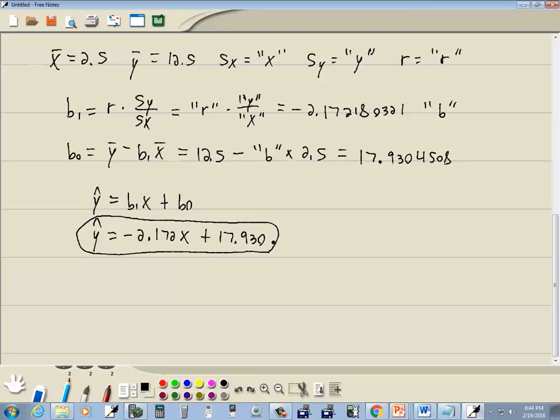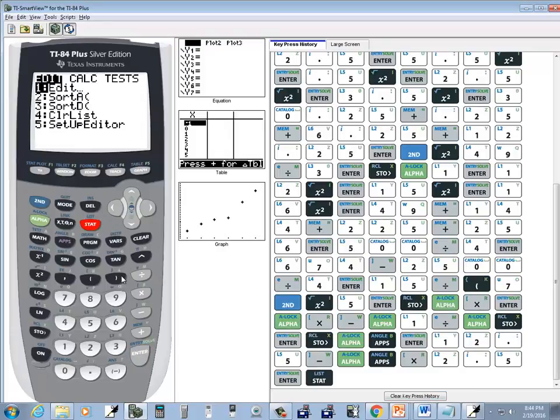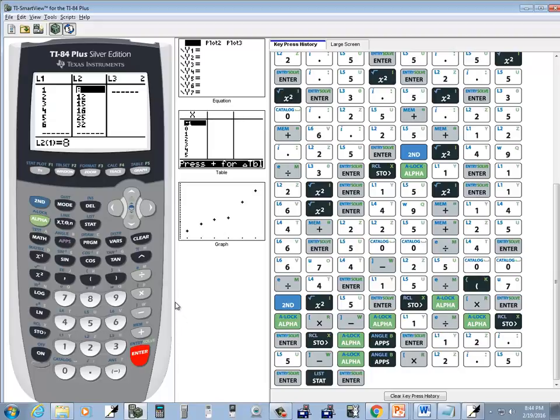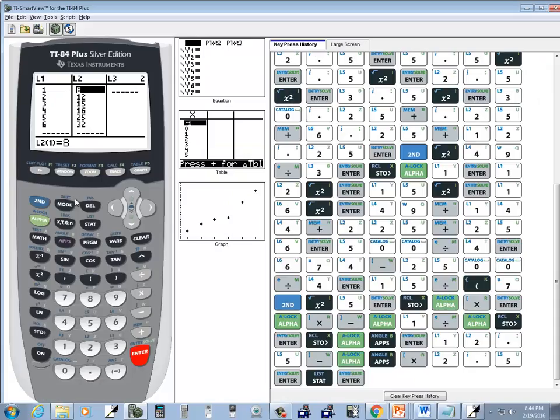Well, let's do this on the calculator now and see if we got that correct. You can always use your calculator to check your answer. So I'm going to go to Stat, Edit, and we're going to be putting in our numbers. So I need to clear my lists.